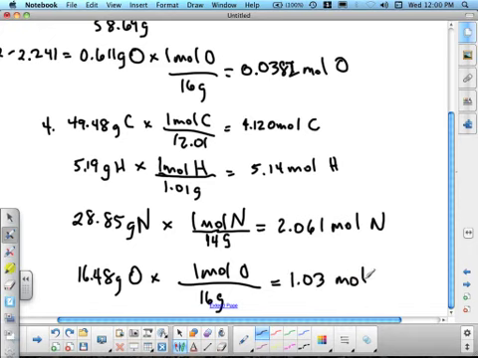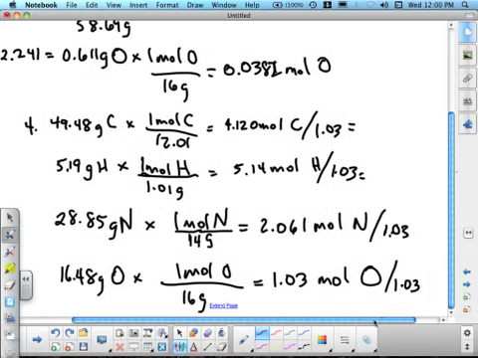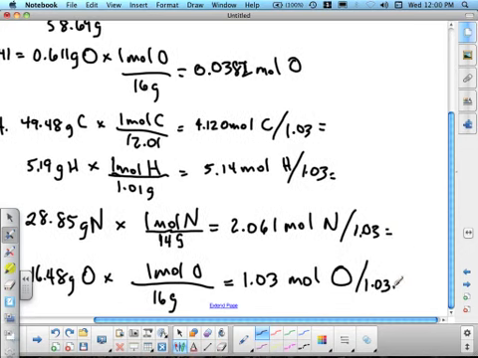So oxygen is my smallest. So I'm going to divide all of them by oxygen's amount, because it's the smallest, and this is going to give me my subscripts. Okay, so 4.12 looks like it's going to be 4 carbons.